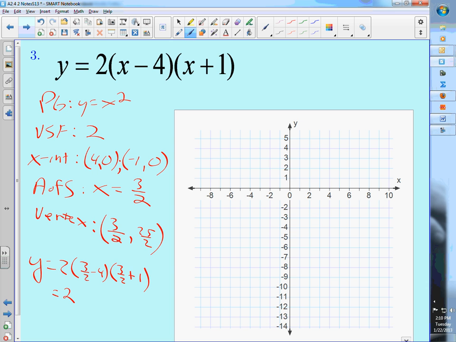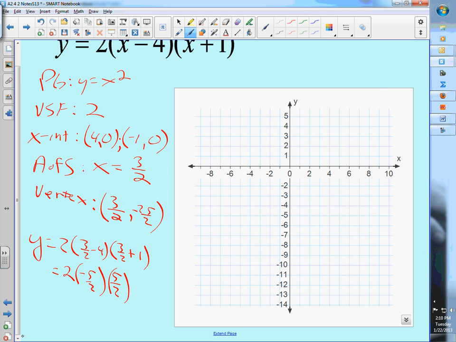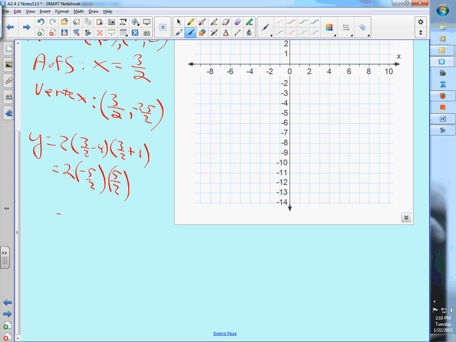This would be -5/2, and this is going to be +5/2. So your answer has to be a negative. So when we multiply, you're going to have 2 times a -25/4. When we cross cancel here, you're going to get -25/2.